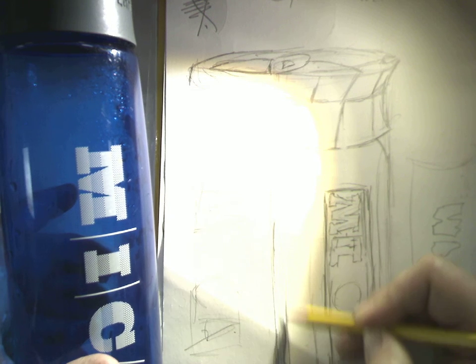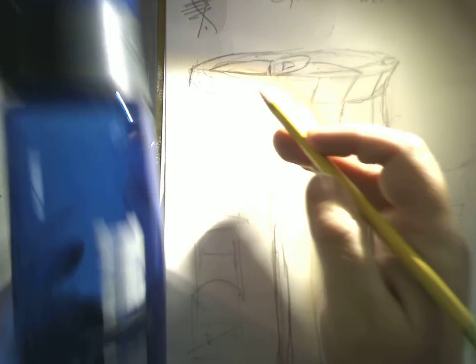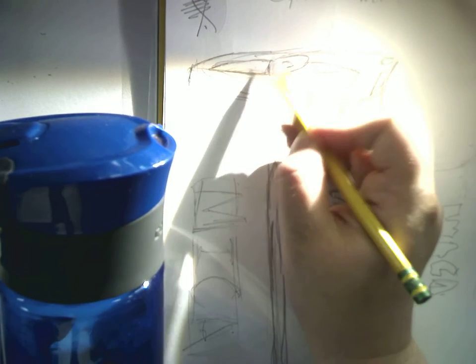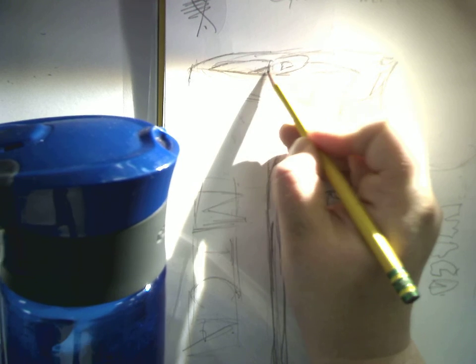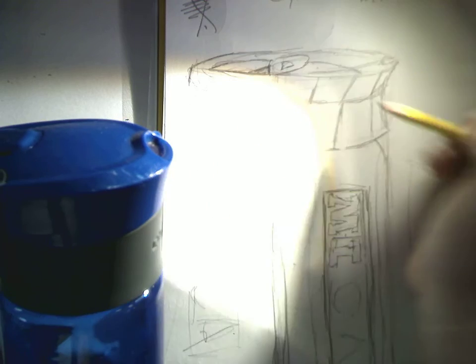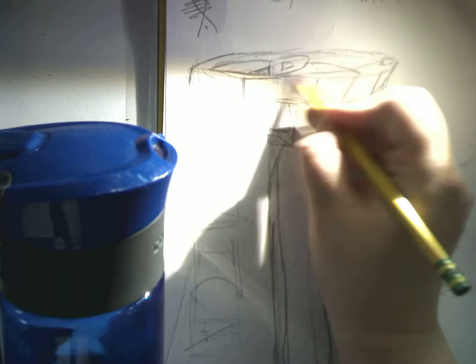So what you're going to do is make sure you've got, now if I look up here, oh wait, this area here is super light and it's got a cast shadow across it. There is a shadow where this object is.